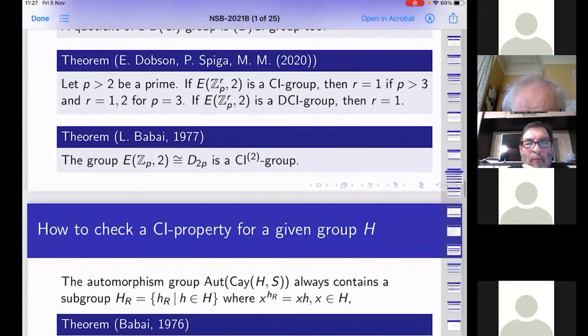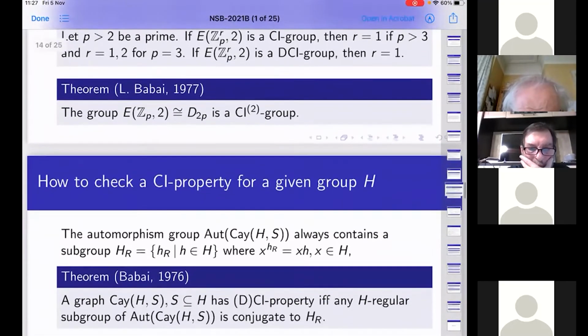Now, how to check the CI property for a given group H?